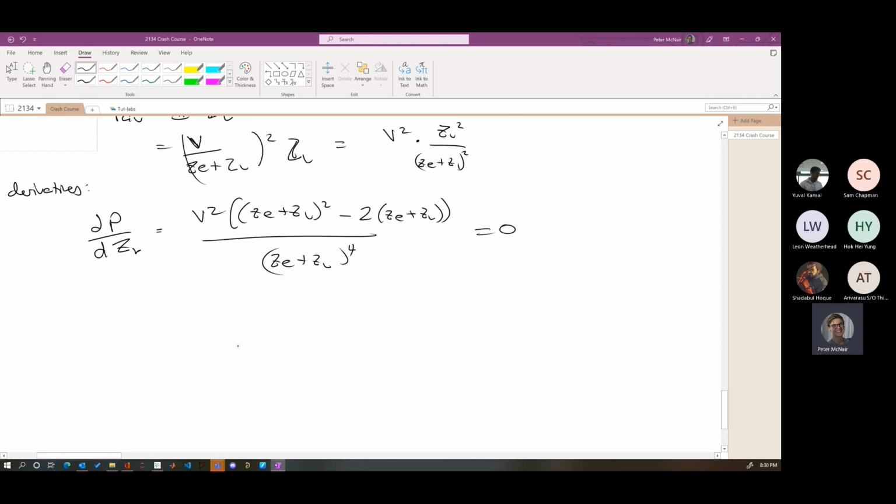So then we get that ZE plus ZL squared minus 2 ZE plus ZL equals 0. Sorry if these look like 2's as well. And we can see that ZE plus ZL equals 2 ZE plus ZL. Sorry, that's squared.